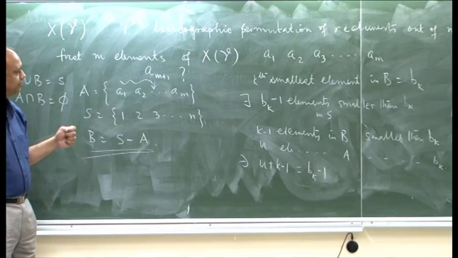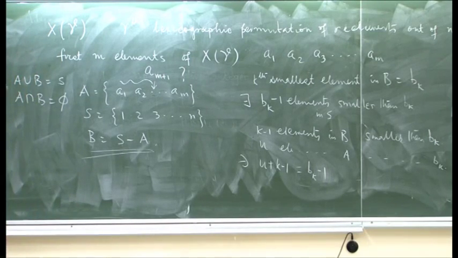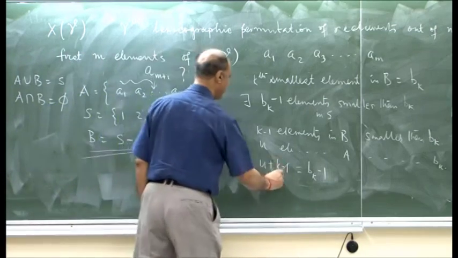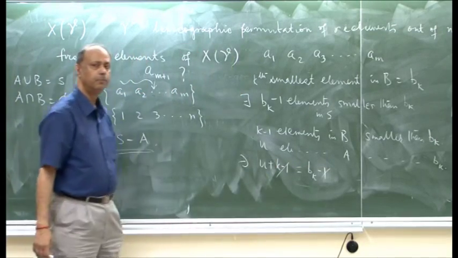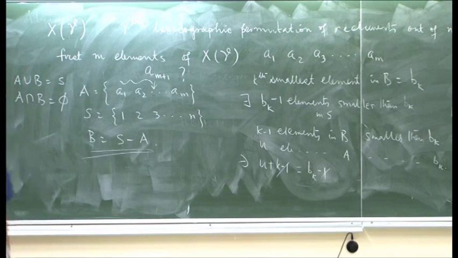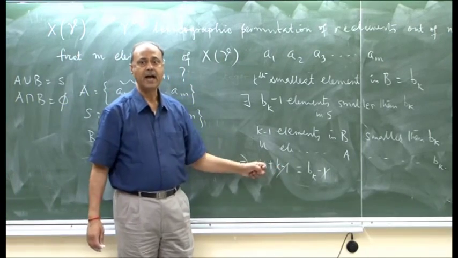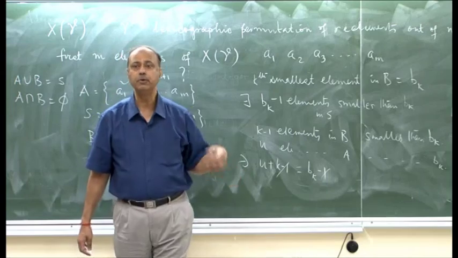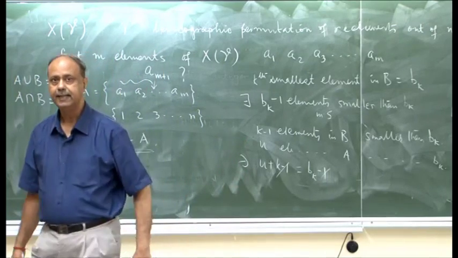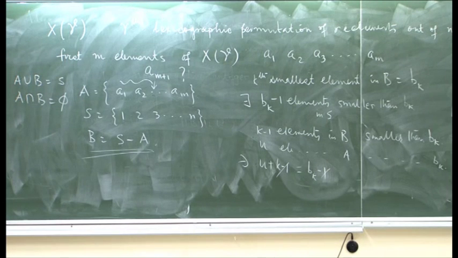That means U plus K is equal to Bk. What it gives you is that, given K, I have to find one U in A such that rank of U plus K is U plus 1.